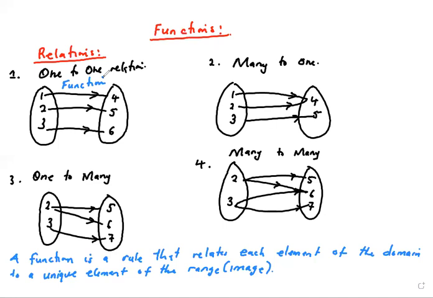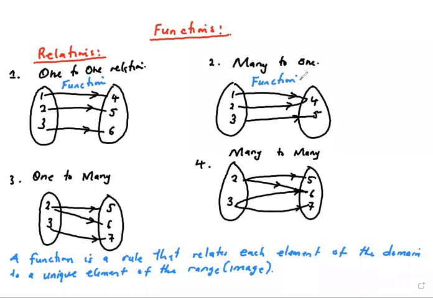Now, what we mean by unique here, how does the unique come into effect in 2? The fact that 1 goes to 4 satisfies the 1 going to unique 4. 3 goes to 4, satisfies the 2 going to a unique 4. 3 goes to 5, a unique 5. So this is still a function.